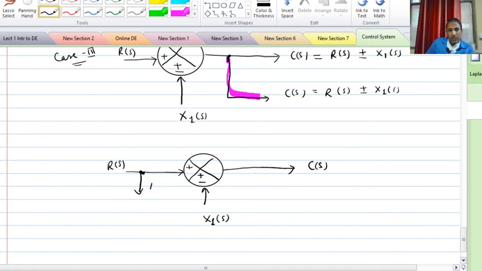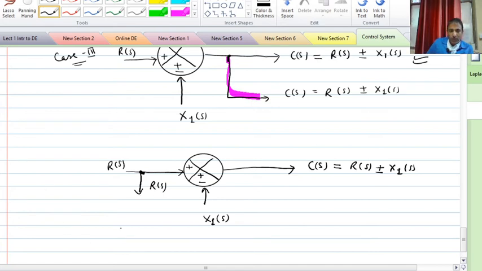This position only has RS, and here the value is RS plus minus X1S. One output is the same, however we should also maintain this output as the previous output.